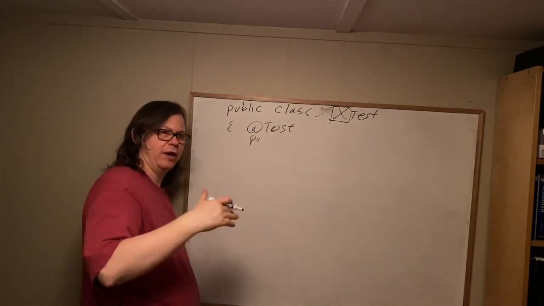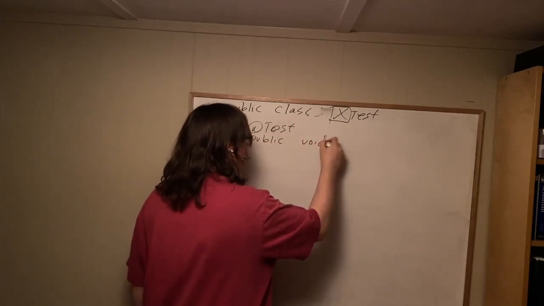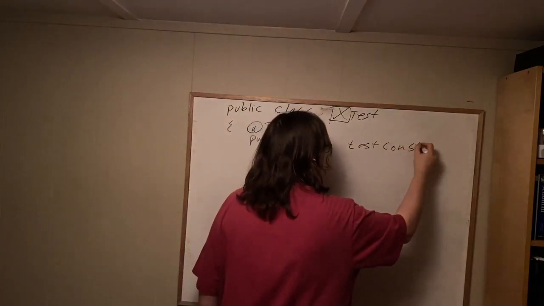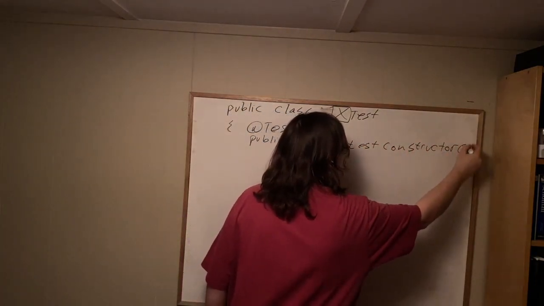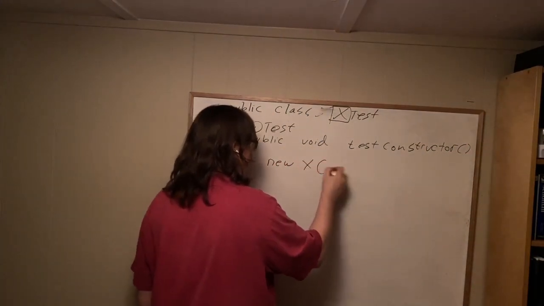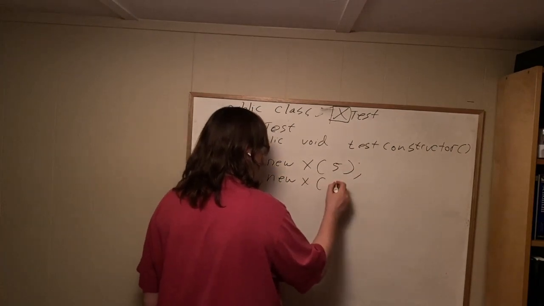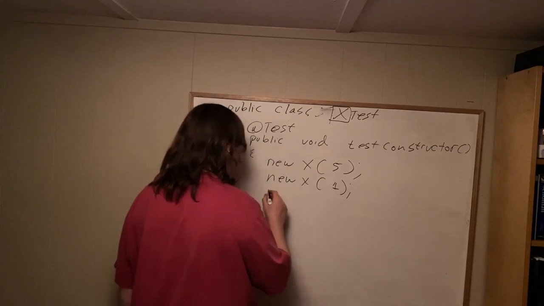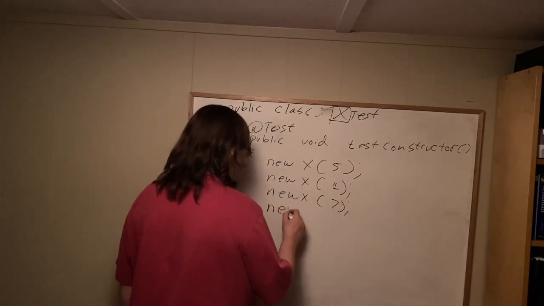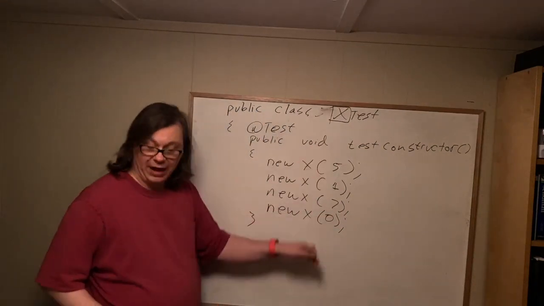We'll talk about that when I do the code. Right, so I might have something like test constructor, and I'll just do new x5, new x1, new x7, new x0, that kind of thing, where these are all valid values.